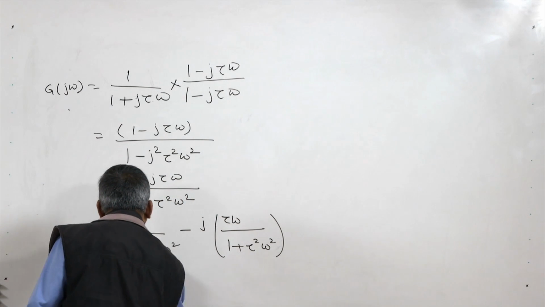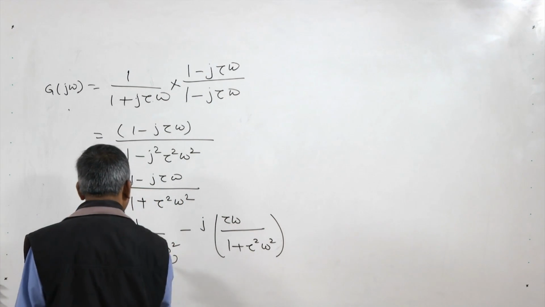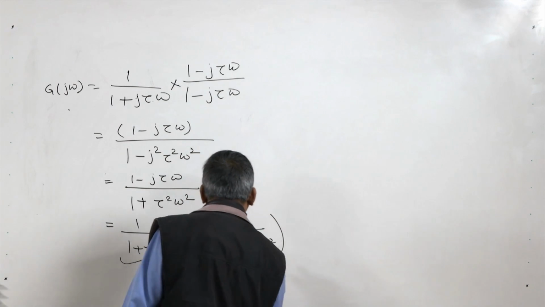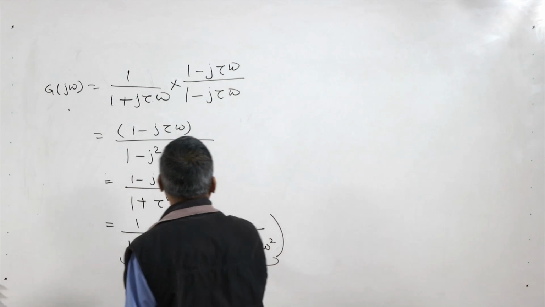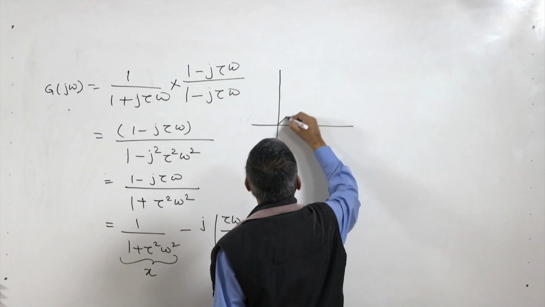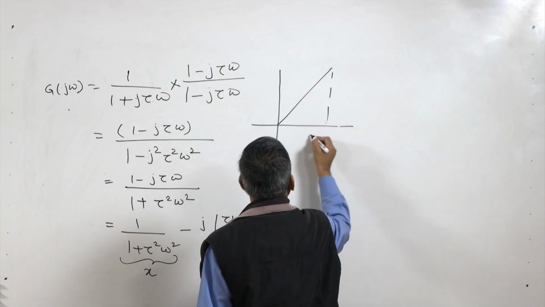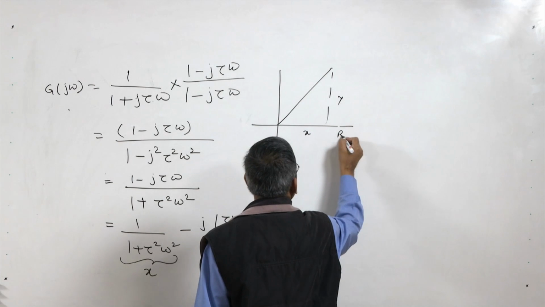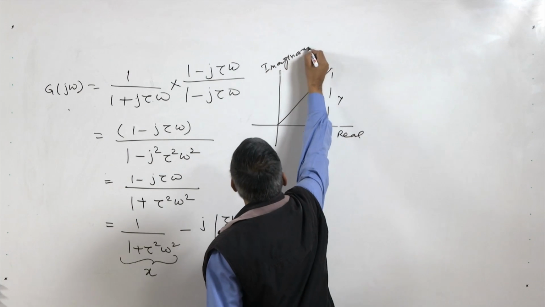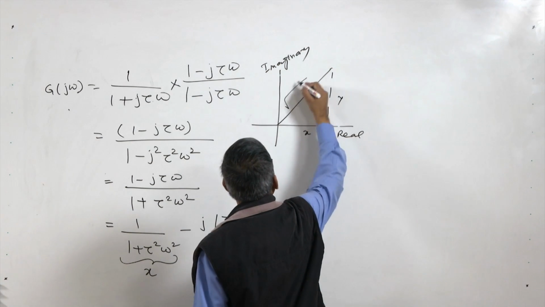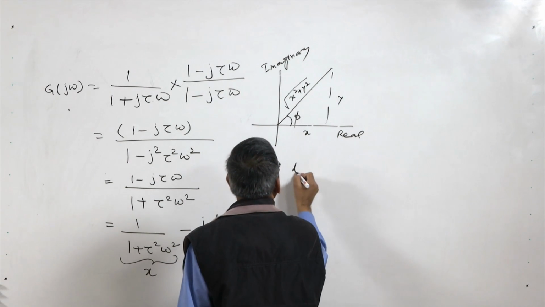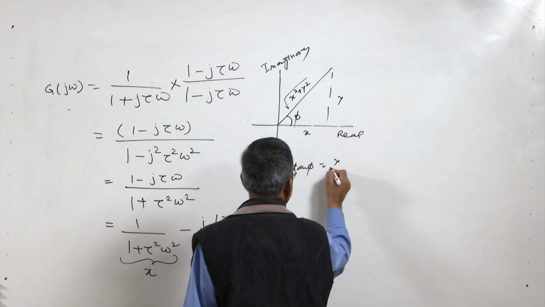So this is essentially my x component, which is the real part, and this is my y component, which is the imaginary part. So I can find out the magnitude for this. If this is x and this is y, the magnitude will be under root x square plus y square, and for the phase angle phi, tan phi is y by x.